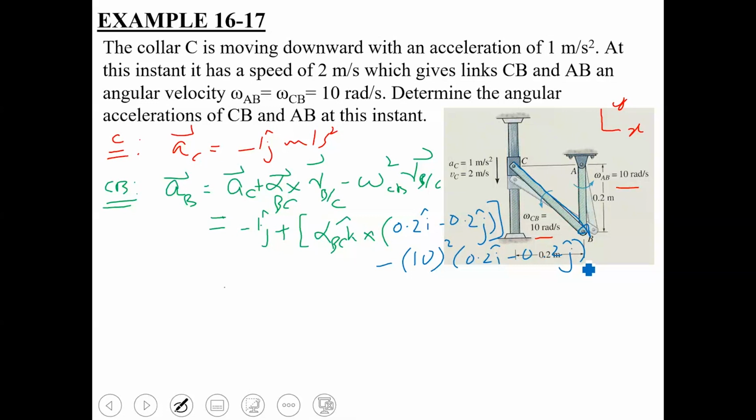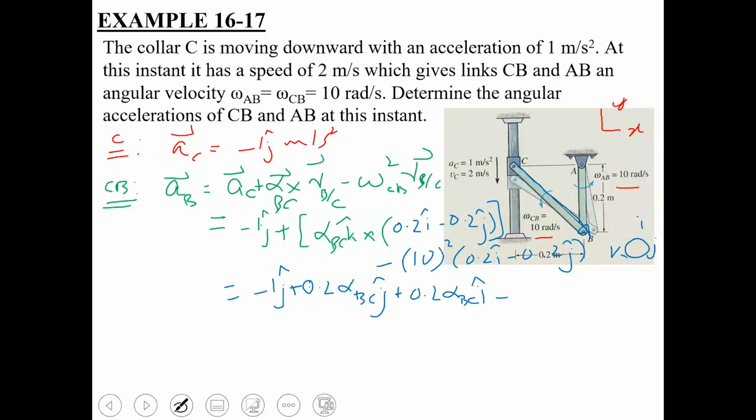Once you solve it, the right hand side would become minus 1j. जहां तक ताल्लुक इस alpha cross R का है, तो अगर हम first term की बात करें, it is going to be 0.2 alpha BC k cross i is j, so this would become j और ये positive sign आएगा. Second case में आपका ये negative sign है, 0.2 alpha BC and k cross j would become minus i, so this would become plus i.